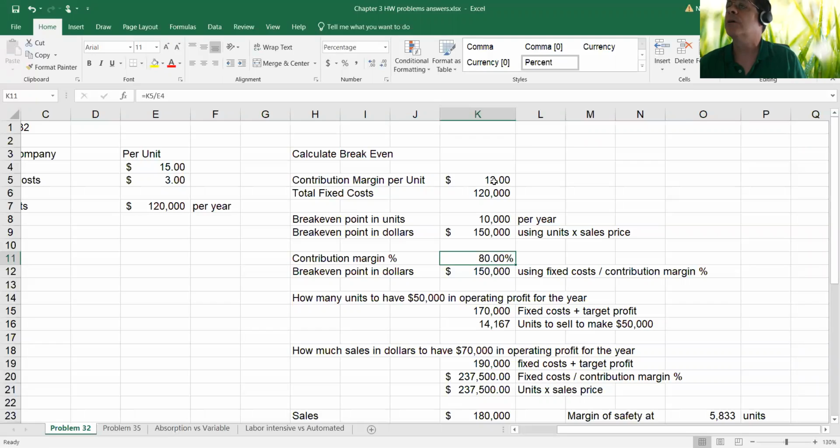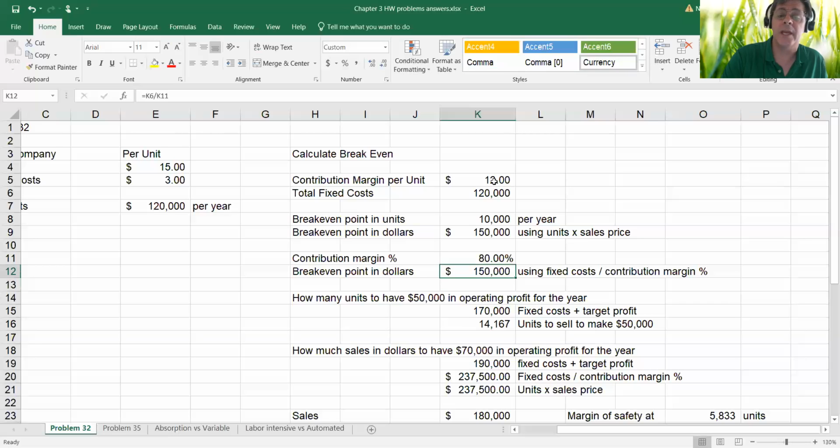So don't worry about it if you didn't do that answer. I'm just trying to be thorough, make sure that you see all the different ways that it could be accomplished, so you see how they all relate together as much as anything. So the fixed cost divided by the 80% would give us 150,000. So we got the same amount both ways.